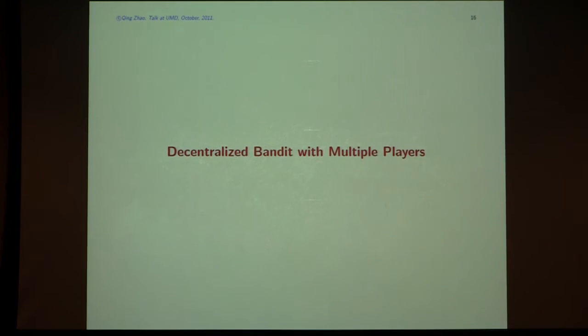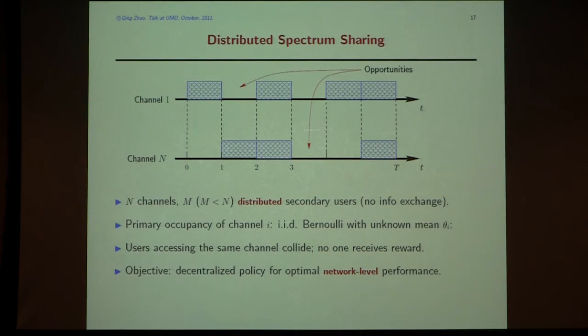The next thing we want to do is generalize the formulation to consider a decentralized scenario, where we have multiple players. This is easy to motivate because in communication systems, we often have to deal with a network of distributed users. Consider again the dynamic spectrum sensing problem: now there are n channels, each one can be treated as an arm, but we have m distributed secondary users who are all searching for idle slots.